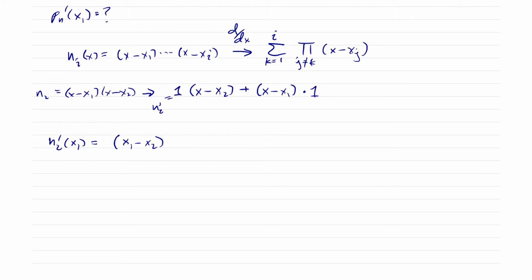Okay, so now let's take a look and see what happens in Ni prime at x1. Well, that's going to be a sum of k equals 1 to i, of the product over j not equaling k. I should say that j runs not equal to k, but j starts at 1 and then goes up to i, right?